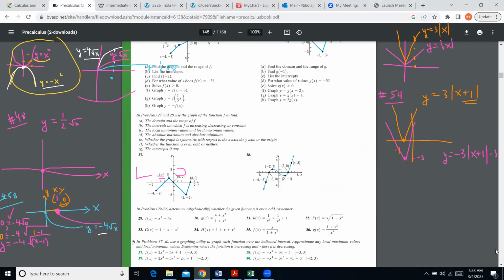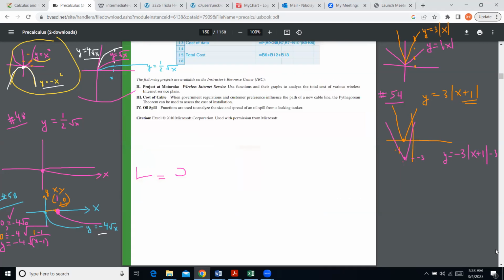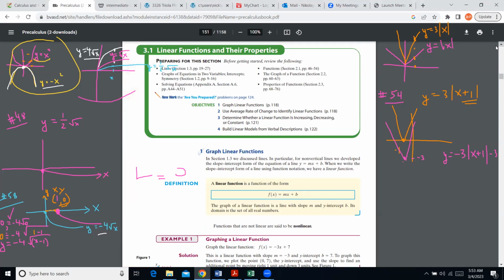So chapter 2 is over, and we move into chapter 3 that talks about lines. That's our, I guess, old favorite story, linear equations, or since we learned functions, it's called linear functions.